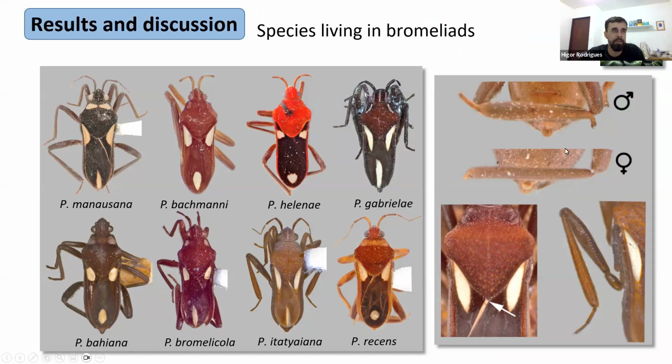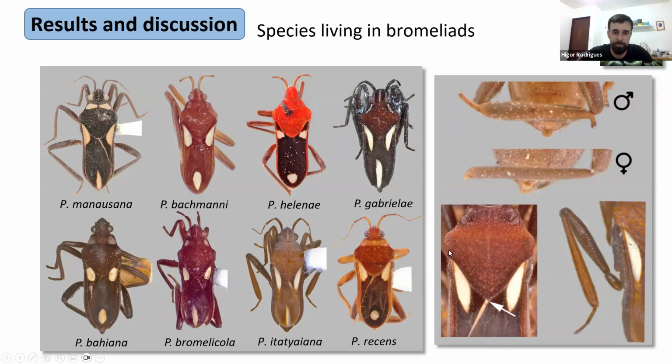Males have a clavate tibia, while females have a cylindrical tibia. Also, males have a very characteristic row of spines on the hind femur. And finally, the posterior margin of the pronotum also has a small projection.